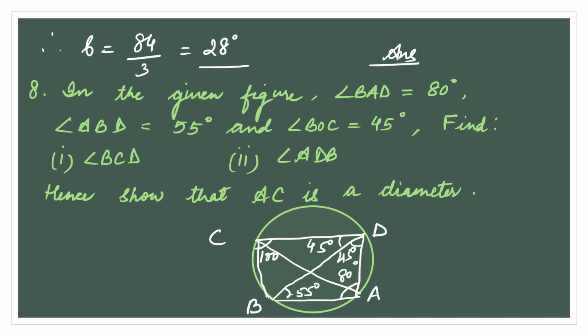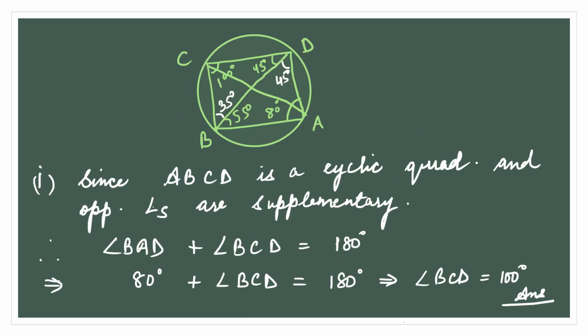I hope you have understood. If you have any problem, just read it once again, listen to it once again. We will see that this angle is 90 degrees, so we can say that AC is the diameter. Now this has been solved here. See, this angle was given, this was given, and this was given.